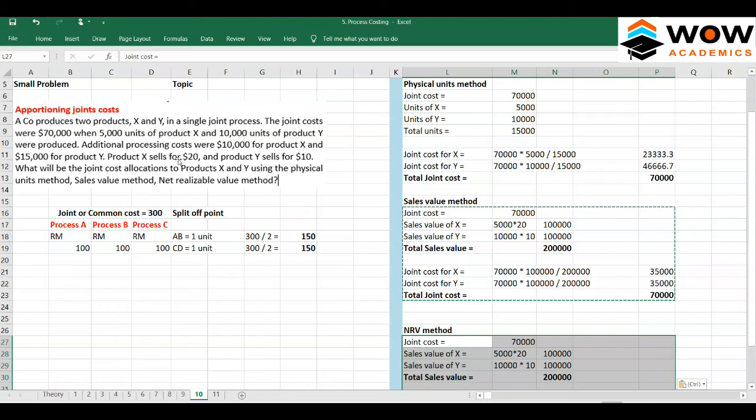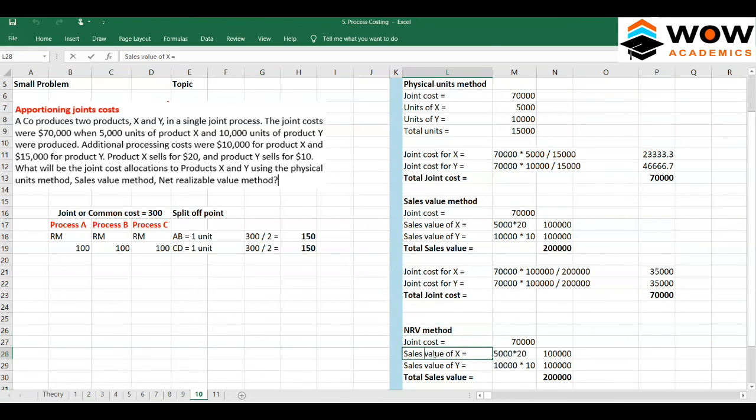If you read, additional processing costs were 10,000 for X and 15,000 for Y. Okay, so what is net realizable value? See, net realizable value refers to what is the profit that these products will make when they are being sold.